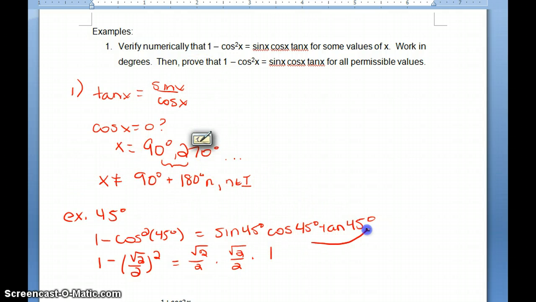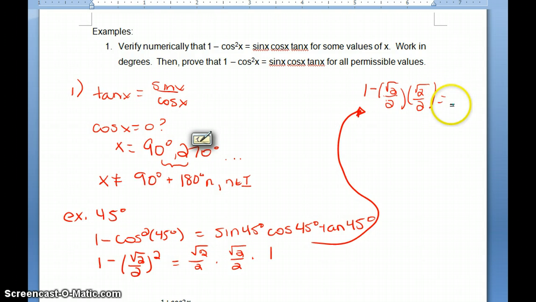I'm just going to draw this all the way up here. Okay, so here we have 1 subtract, and if you do root 2 over 2 squared, that will be root 2 over 2 times root 2 over 2. Then we can simplify here, so we have root 2 times root 2, which will be 2, divided by 2 times 2, which is 4.